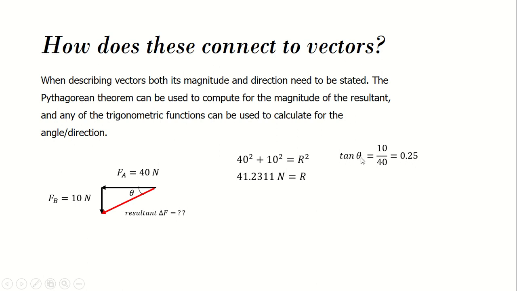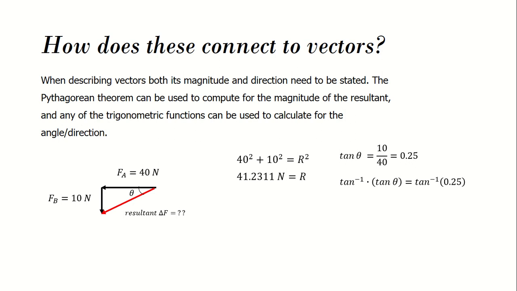So how do I remove the tangent here, so that what I get is the value for the theta? What you can do is multiply both sides by the inverse of the function, the inverse of the tangent, which you can see here as tangent raised to the -1. That means you are multiplying with the inverse of the tangent.